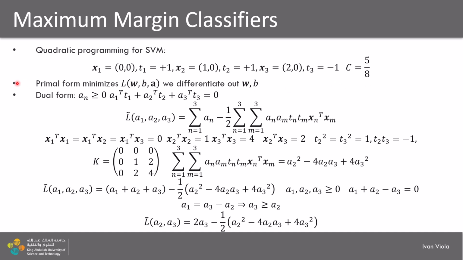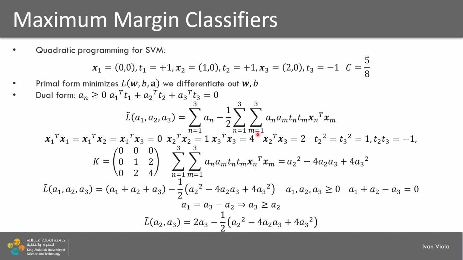Now, in the primal form, we will be minimizing the Lagrangian formula, which consists of several parameters, and we will differentiate with respect to these parameters, and we will come to the conclusion that our final result with respect to our dual form will be the formula as we are used to from the SVM definition.